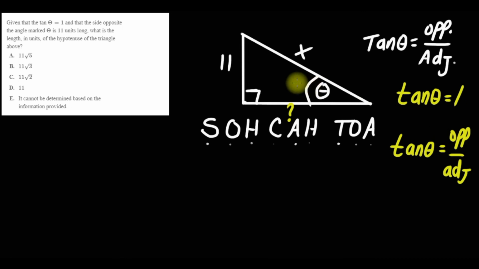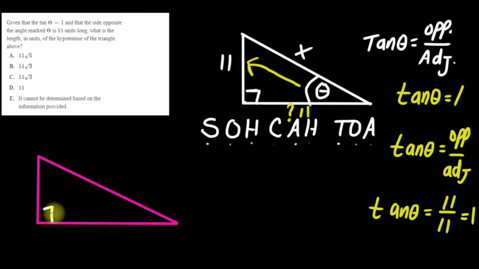So opposite is 11. So the opposite side is right here. So that would be tangent theta is 11 over, well, we need this to come out to 1. So what do we need for the bottom number? Well, we also need 11, right? Because 11 over 11 is 1. So this side is going to be 11.